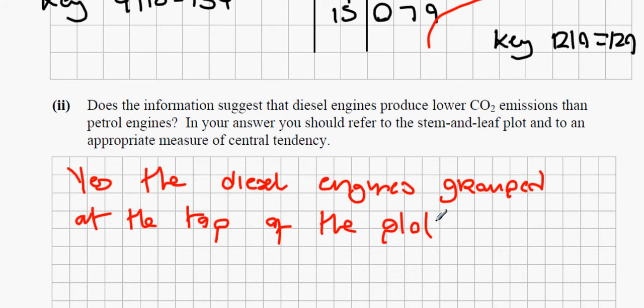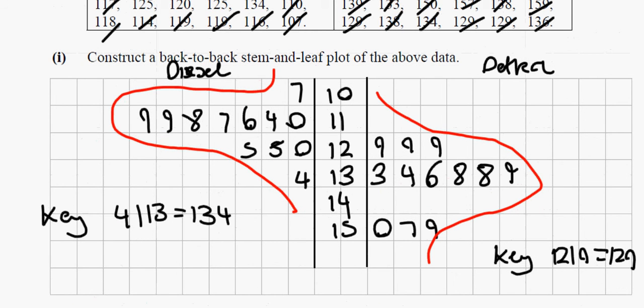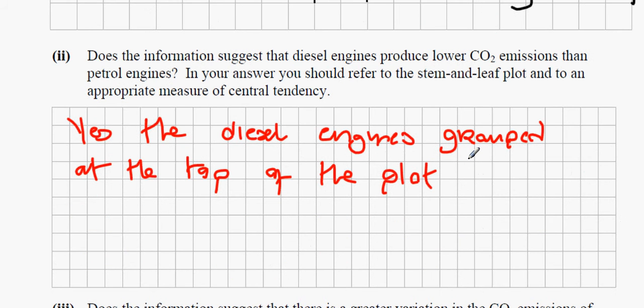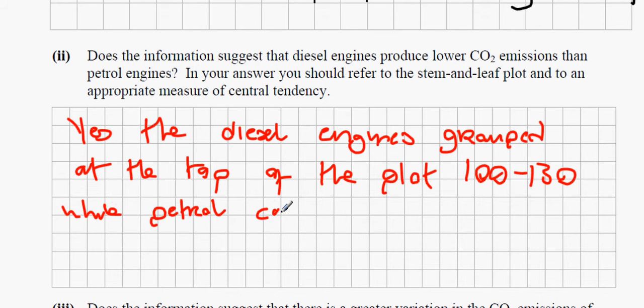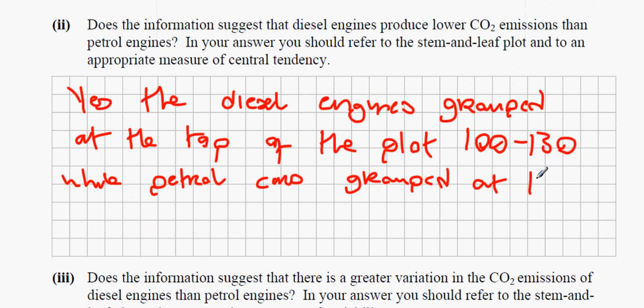So what we're saying about the diesel cars is you can see that they're all between 100 to 130, while petrol cars grouped at roughly 120 to 150.